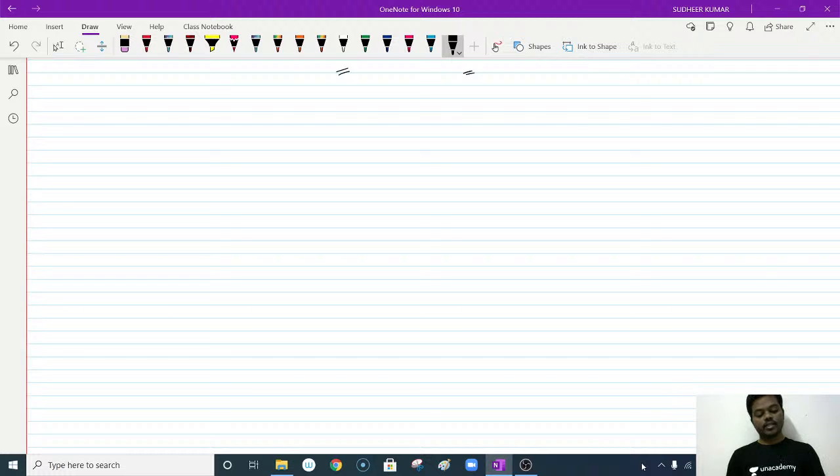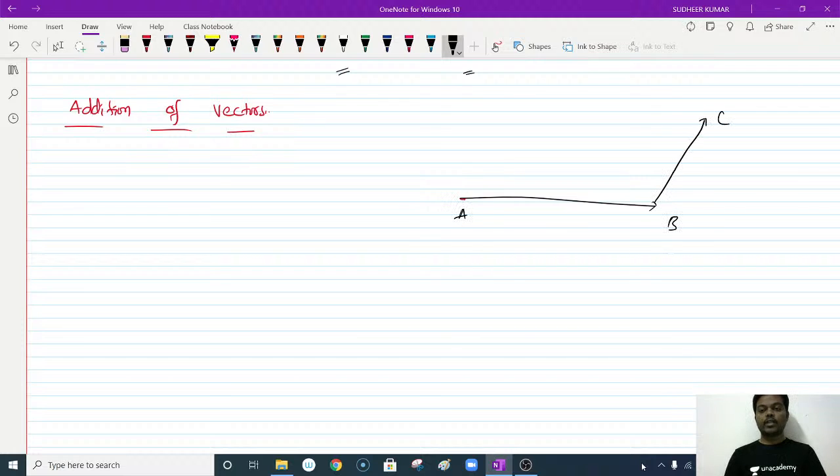So the next one is, let us see the addition of vectors. AB is a vector and BC is another vector.